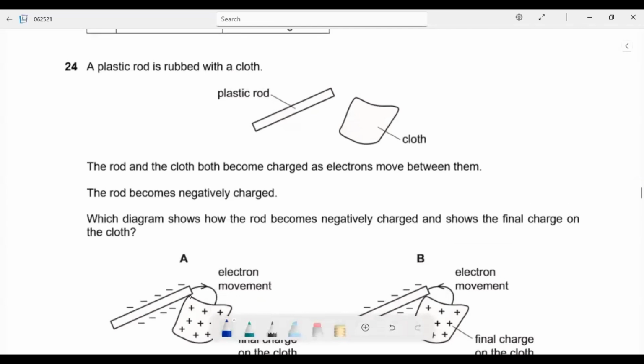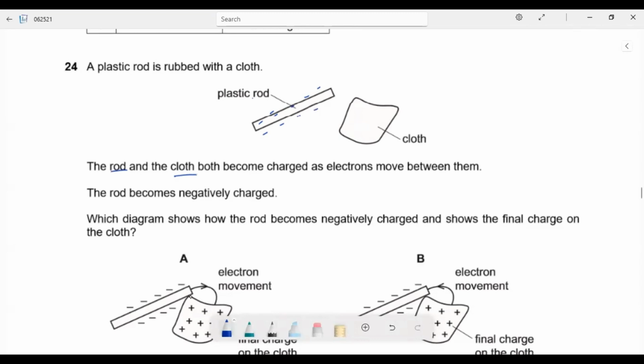A plastic rod is wrapped with a cloth. The rod and the cloth both become charged as electrons move from them. The rod has become now negatively charged. Which diagram shows how the rod has become negatively charged and shows the final charge on the cloth?